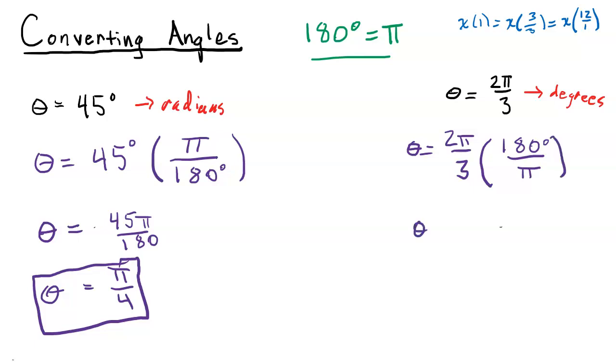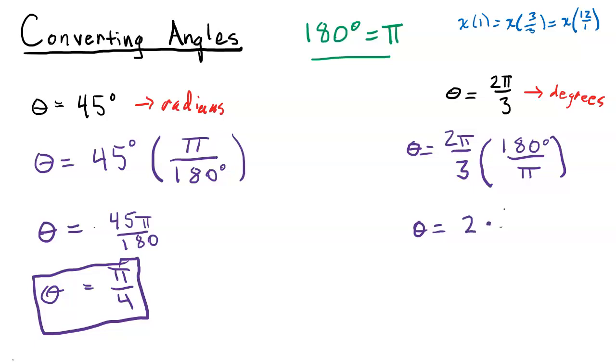So as some of you may notice, you can cancel out the pi here. And also, when simplifying, you can see that 180 can be divided by 3 to get 60.